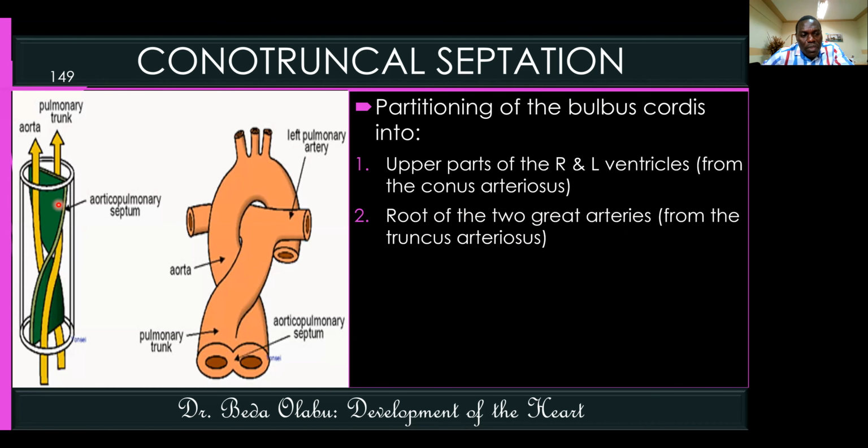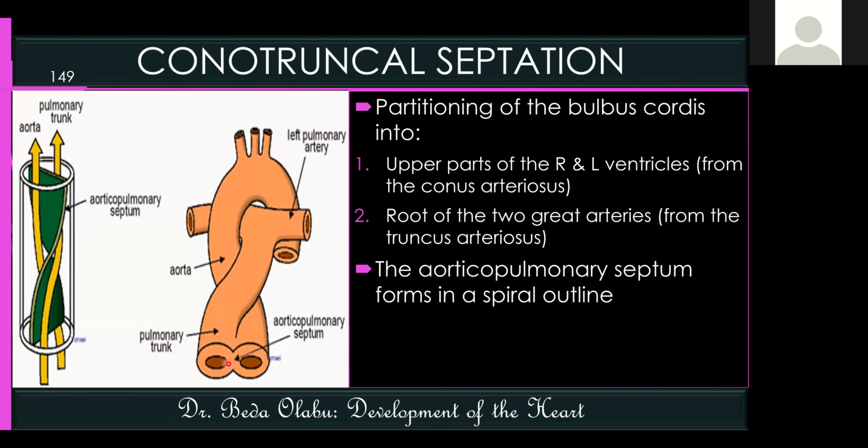Now, what do you notice about this septum? The left ventricle is usually on the left and the right ventricle is usually on the right. So the septum separating the bulbus cordis, you can call it the conotruncal septum or aorticopulmonary septum. What do you notice about this septum? This septum has a spiral outline.